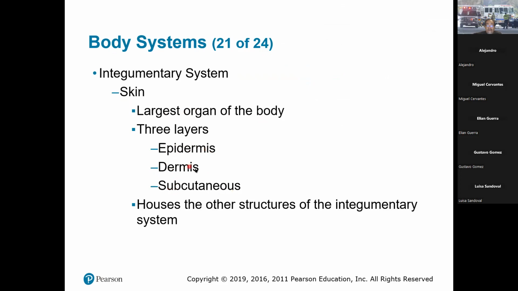These are different layers of the skin itself. And we're going to have to know these for the simple reason that when we're classifying burns, we need to make sure up to what level the person received the burn. At the epidermis itself, if it's just red, then it's a first degree. Once you start having little blisters forming, it's a second degree.